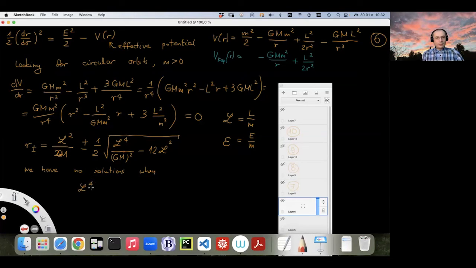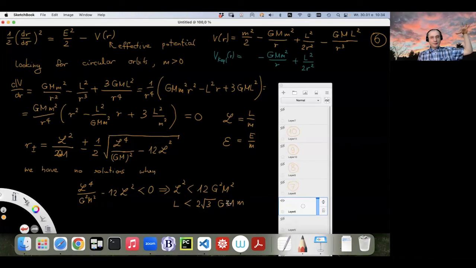So L to the power of 4 over G squared m squared minus 12L squared is less than 0, meaning that L squared is less than 12 G squared M squared m squared, meaning that L is less than 2 square root of 3 GM times m. So if the angular momentum is too small with respect to the mass of the particle and the mass of the central body, then there is no circular orbital motion.